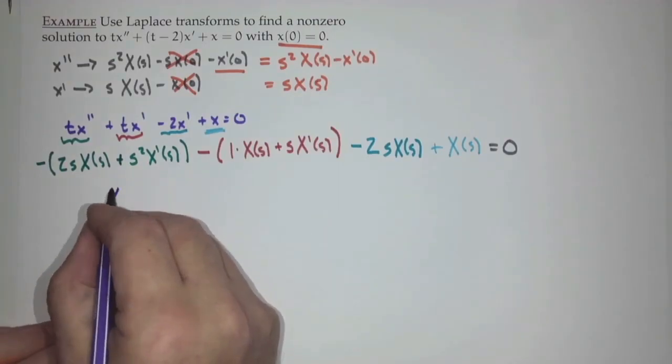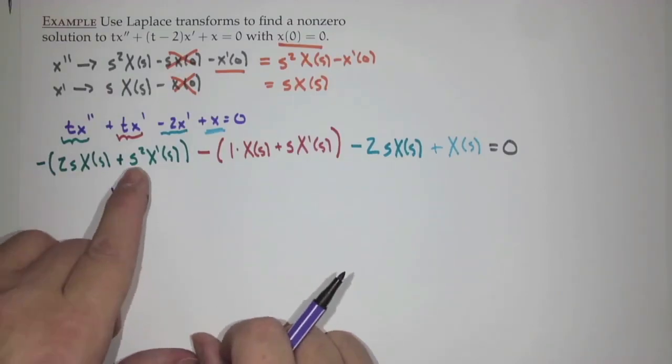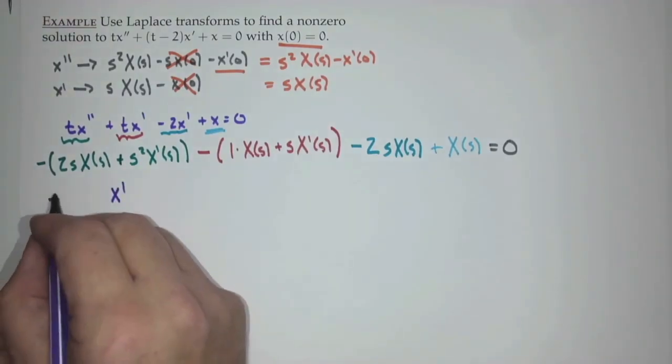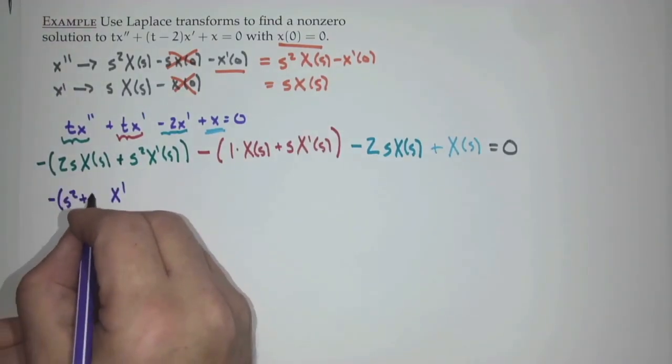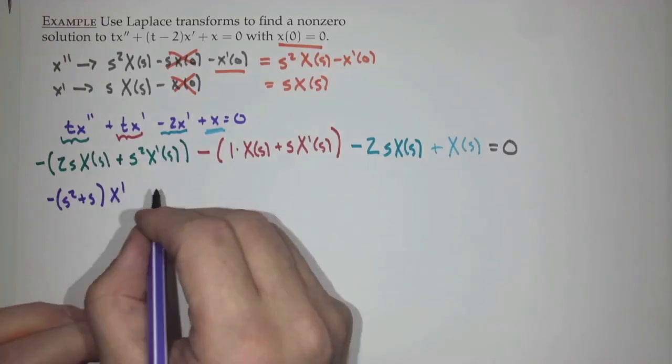So let's look at the x primes. What's attached to x prime? S squared and s. So minus s squared plus s. Okay, what's attached to x?